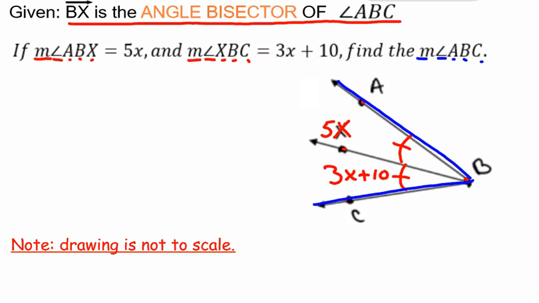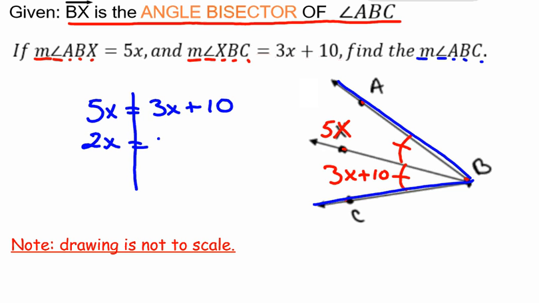I have to think about this logically because they didn't give me anything for ABC. But I do know that the two little angles on the inside are equal to each other, so let's start there. I know that 5x has to be equal to 3x plus 10. Solving for x, if I subtract 3x from both sides, that gives me 2x equals 10, and x equals 5.